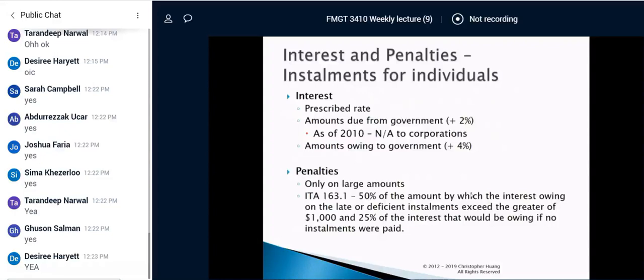We had that table, and I said there's that benefits column, which is the base rate, and then there was refunds and penalties. So if you owe an amount to the government, the interest rate will be prescribed rate plus 4%. If the government owes you money, then it's prescribed plus 2. But the key thing is you're going to pay an interest rate of prescribed plus 4 if you owe money to the government. That's for interest.